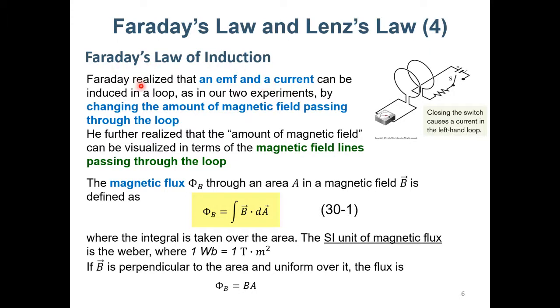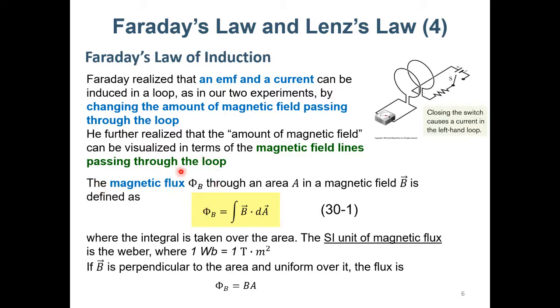Faraday's law of induction: Faraday realized that an EMF, electromotive force, and a current can be induced in a loop, as in our two experiments, by changing the amount of magnetic field passing through the loop. He further realized that the amount of magnetic field can be visualized in terms of magnetic field lines passing through the loop. So we also define the magnetic flux, similar to the electric flux.